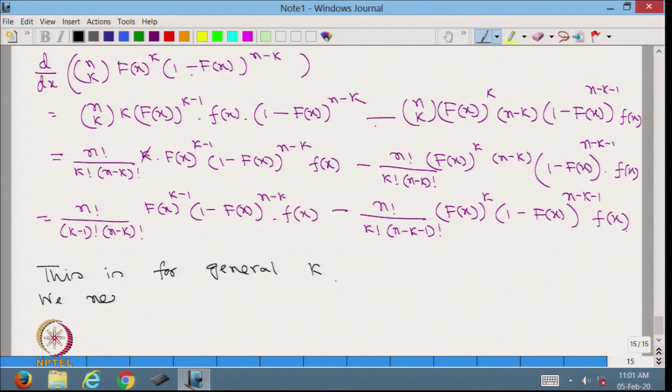We need to find this for all k equal to r, r plus 1, up to n, and add them. So, let us start.